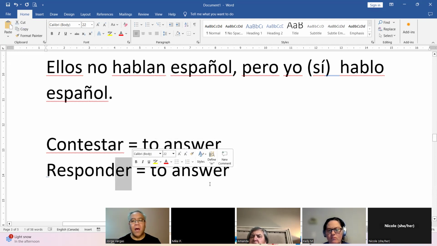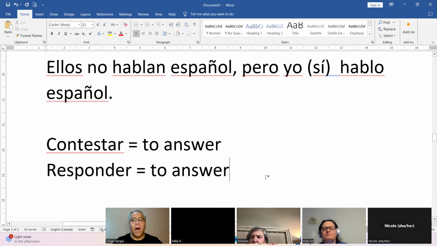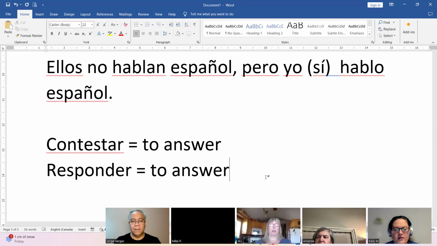Could you please conjugate responder? Here we go. Yo respondo. Tú respondes. Don't be afraid of those endings. Yo respondo, tú respondes, because it's an ER verb. The three amigos. Usted, ella, él. Responde. Correcto. Beautiful. Nosotros.